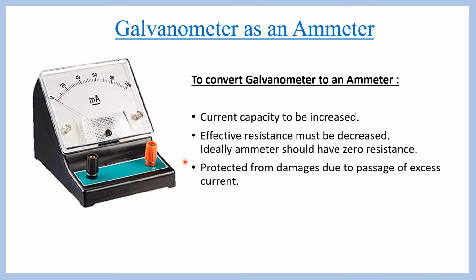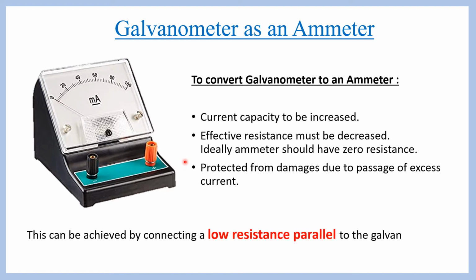All this can be achieved by connecting a very low resistance in parallel to the galvanometer, which is called the shunt resistance. When you connect a very low resistance in parallel to the galvanometer, that will give an alternate pathway for the current, therefore offering minimum resistance to the flow of current.